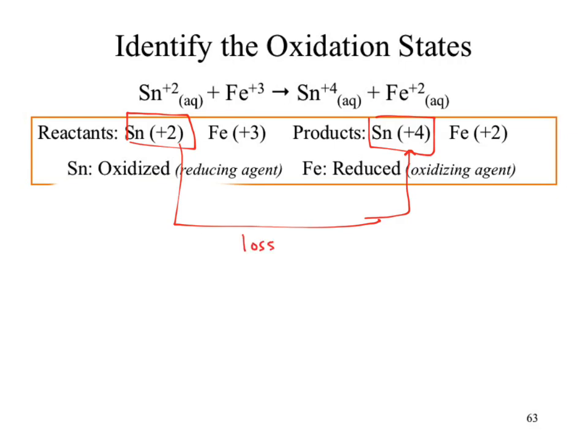A loss of electrons. Mathematically, a loss, minus sign, of a negatively charged species equals positive. Did my number get more positive? Yep. What does that mean? That means that species was oxidized.